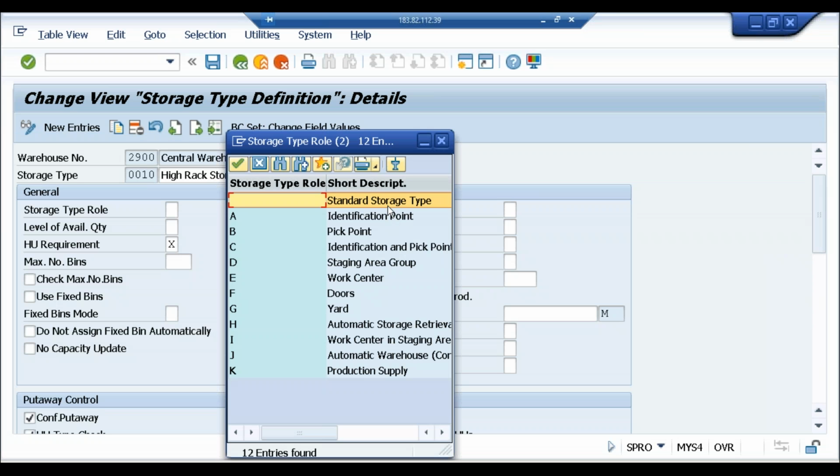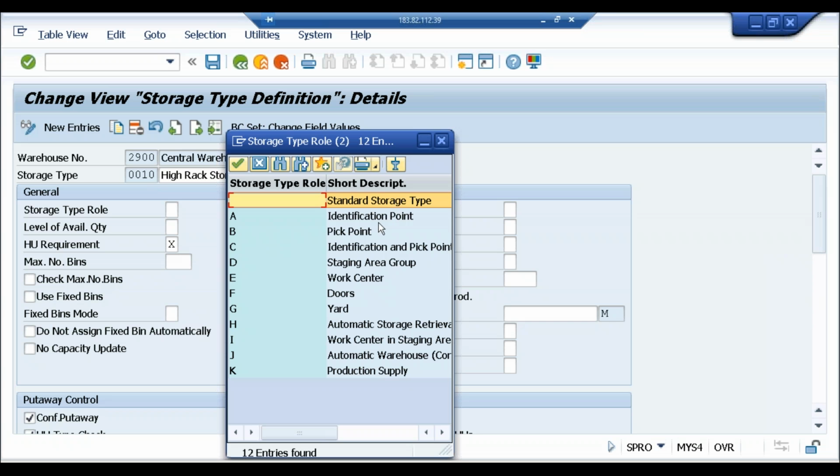This is the configuration. We have the general configuration level, a put away control level, and a stock removal level at the storage type. This level of configuration plays a key role in the complete further process. We have the standard storage type, wherein we store the final parts.